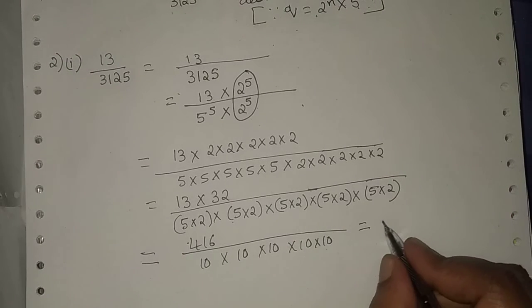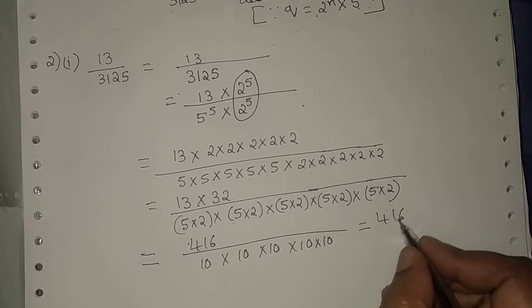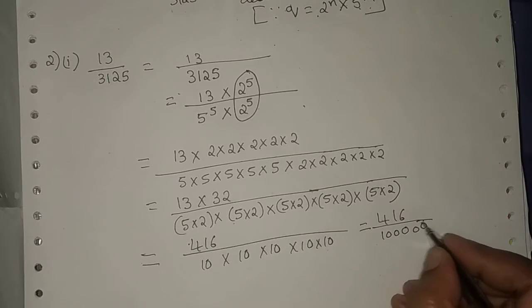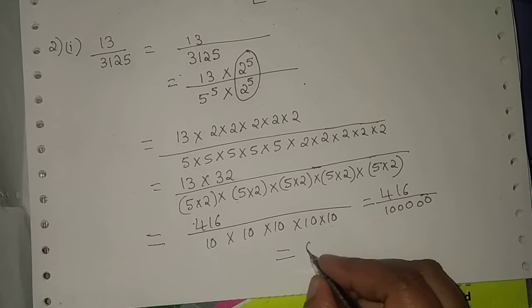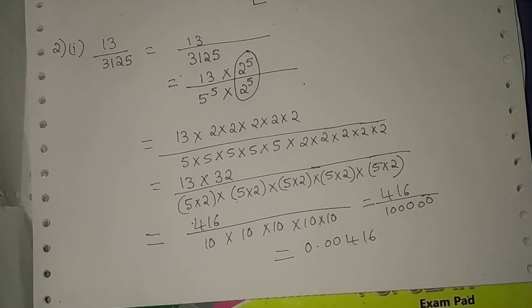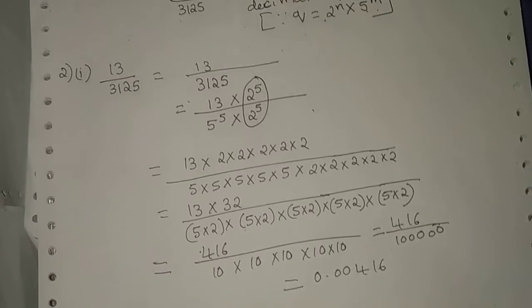So we get 416 by 10 followed by 5 zeros, which comes to 0.00416. This is the solution for the second problem.